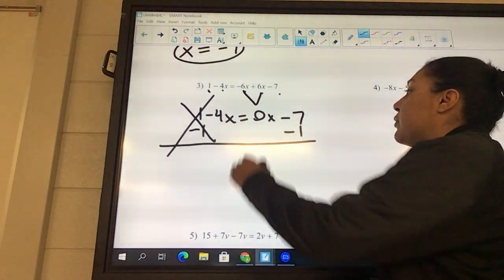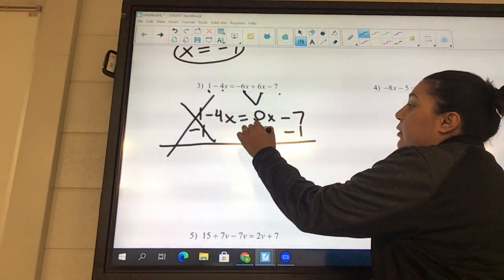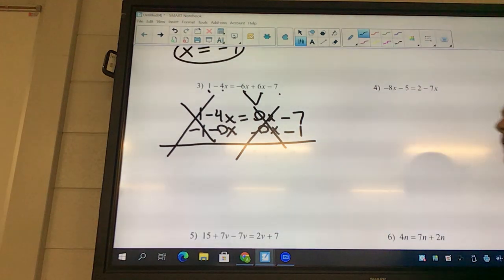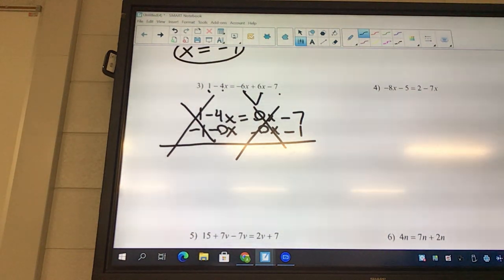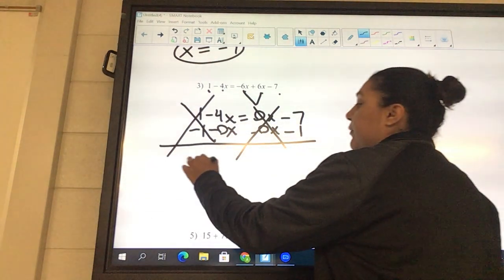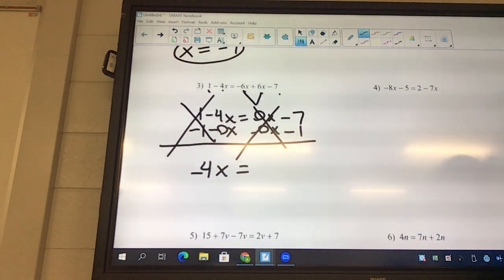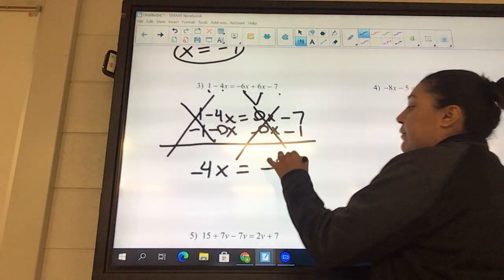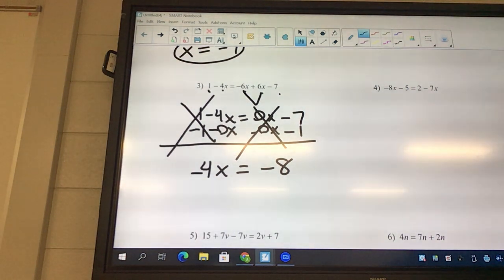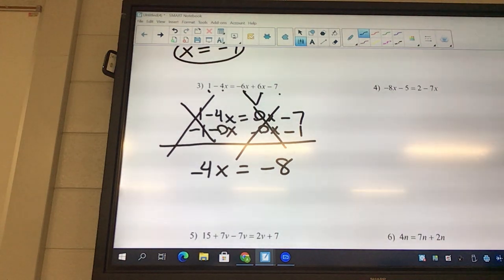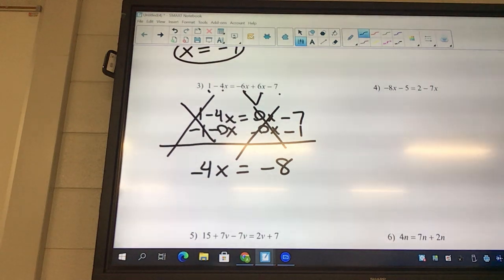We need letters to the left, so we're going to say minus 0x, plus 0x, it doesn't matter, because 0 is not going to change anything. So I've got a negative 4x minus 0x. It's going to be negative 4x equals negative 7 minus 1. It's going to be negative 8. And then what's our last step? Divide.